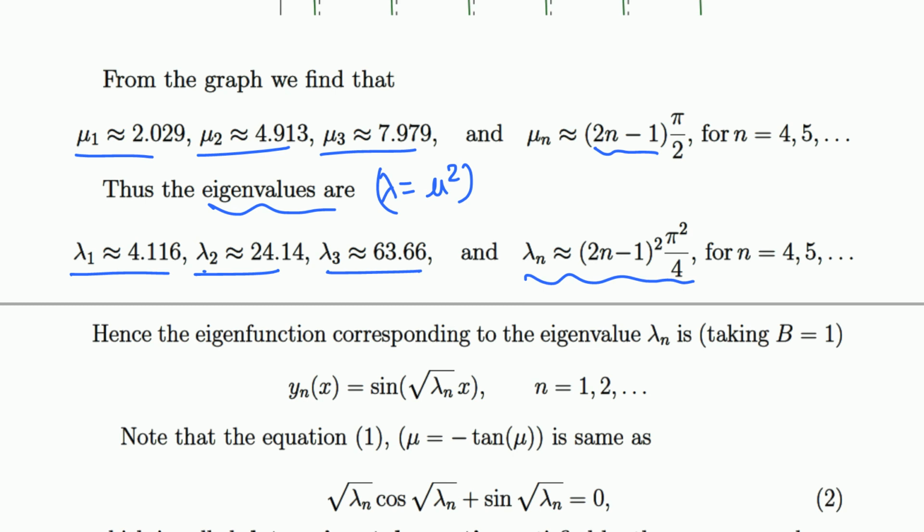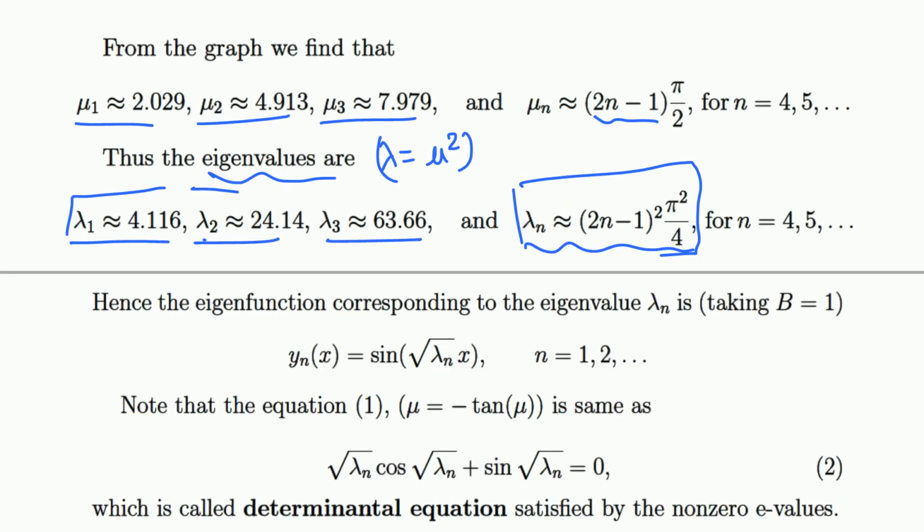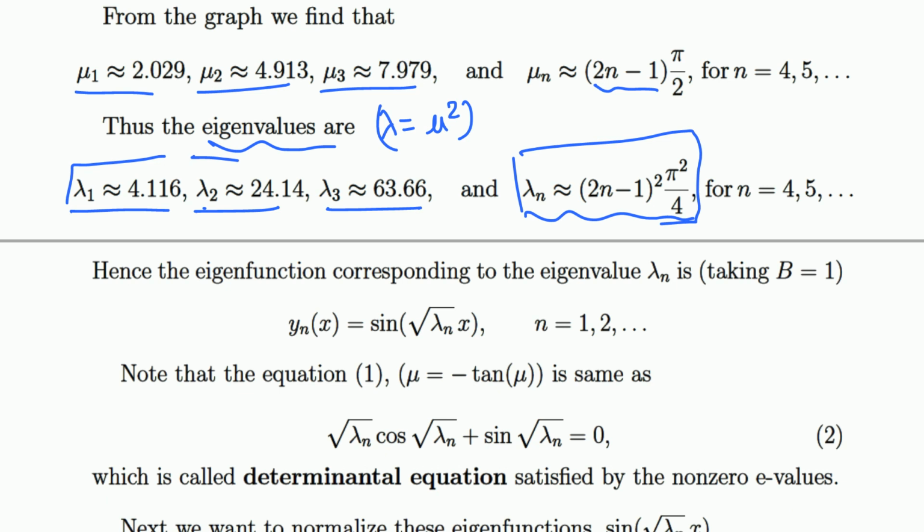Okay, so b should not be 0, then we have these eigenvalues, and in general this. Corresponding eigenfunction means just the solution is we have b, but we can take b equals 1.